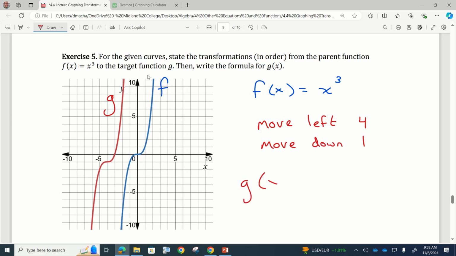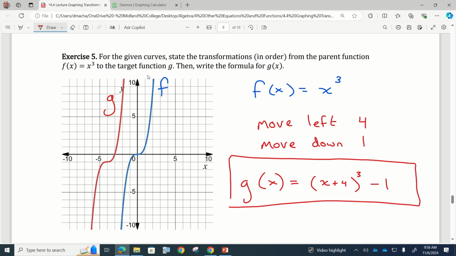So my g function should be this. This is my final answer. The plus 4 moves it to the left, and the minus 1 moves it down.